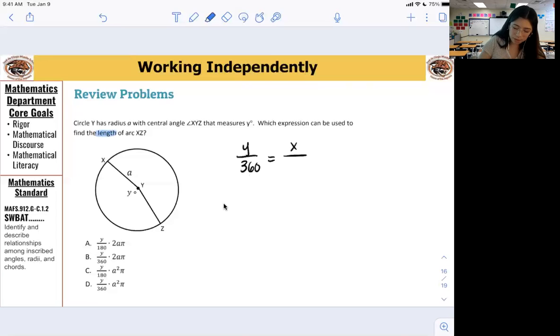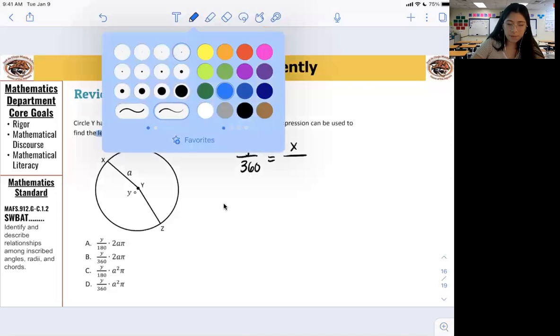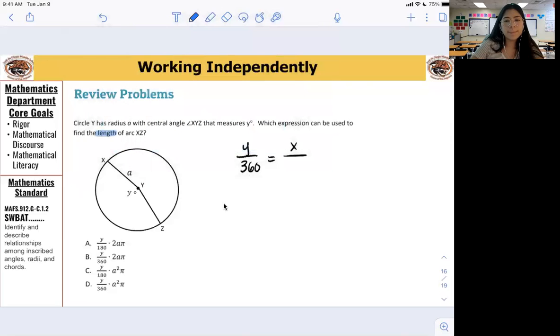Length corresponds to, would it be area or would it be circumference? If I'm looking for the length of this arc, should I be doing it over the area or over the circumference? Circumference. So it's x over circumference.